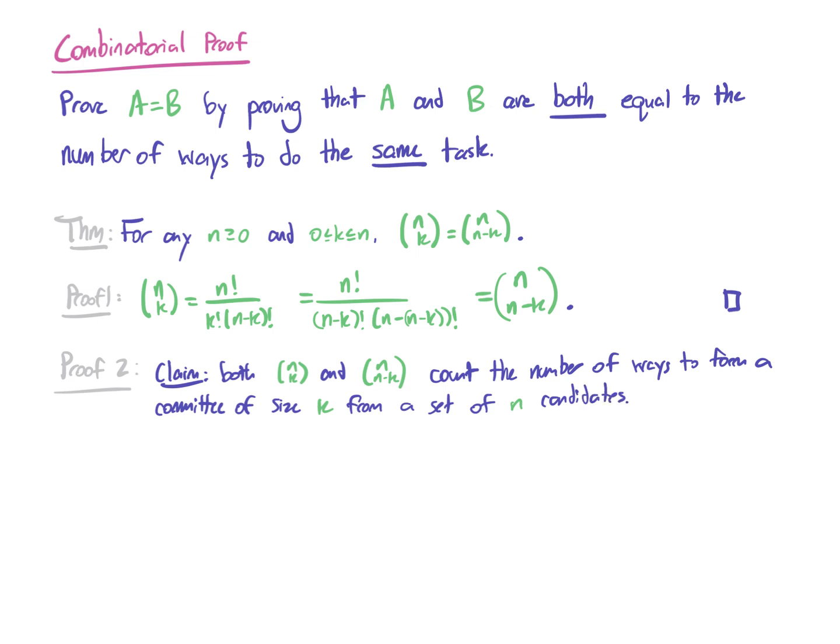So this is just a very classical n choose k kind of problem. I want to create a subset of size k from a set of n possibilities.